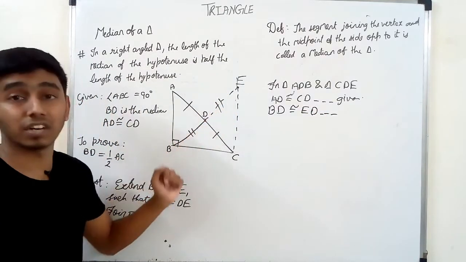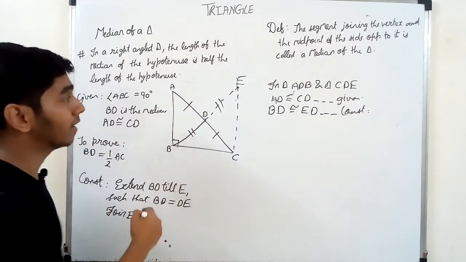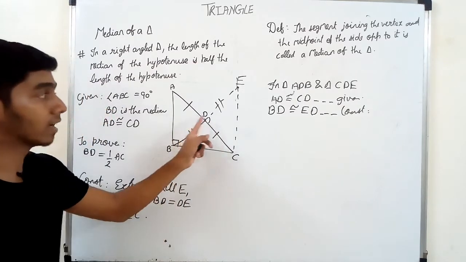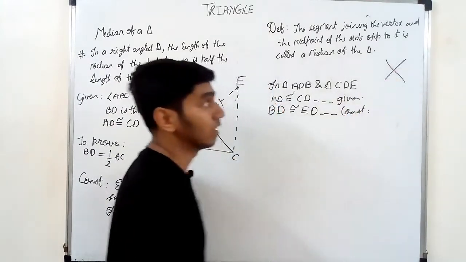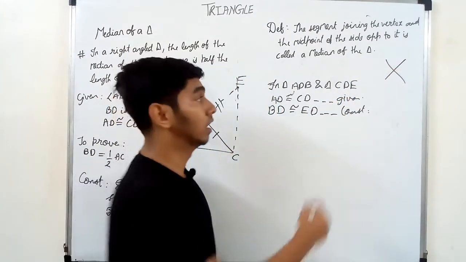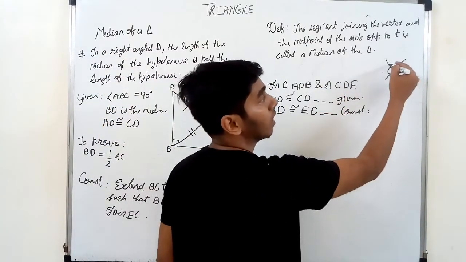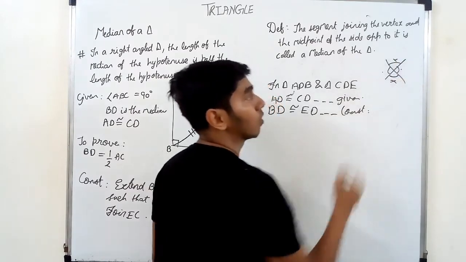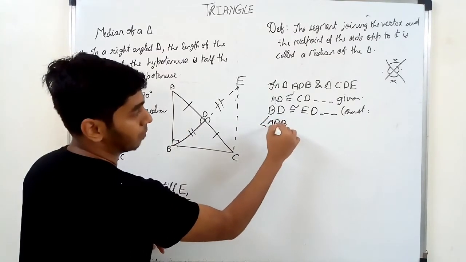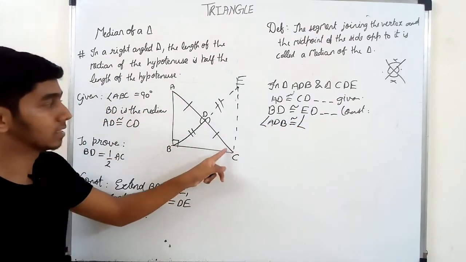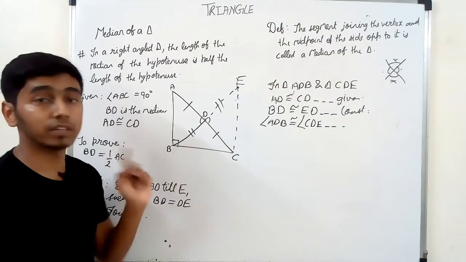Why? Because this is construction. And we can say that these two angles are congruent. Why? Vertically opposite angle. You know what is vertically opposite angle? If there are two lines crossing each other, then the opposite angles are congruent. So these two angles are congruent and these two are congruent. So we can say angle ADB is congruent to angle CDE. The reason for this is vertically opposite angle.